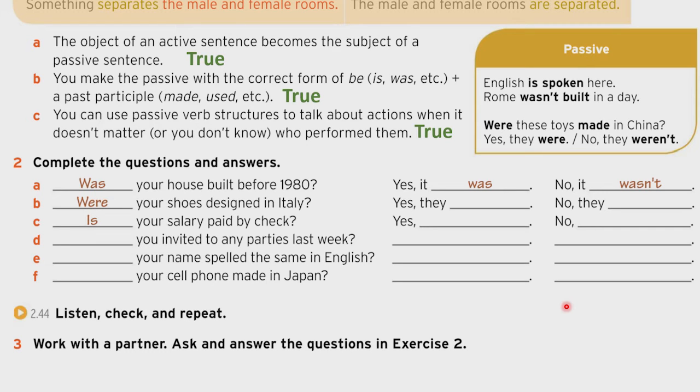All right, here goes the audio. Track 44. A. Was your house built before 1980? Yes, it was. No, it wasn't. B. Were your shoes designed in Italy?